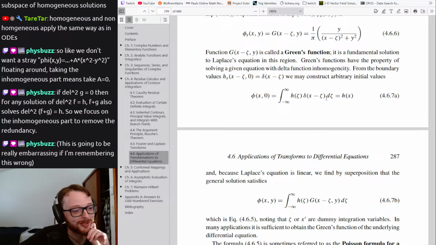For any solution of del squared f equals h, f plus g also solves del squared of f plus g equals h. So we focus on the inhomogeneous part to remove the redundancy. Okay.